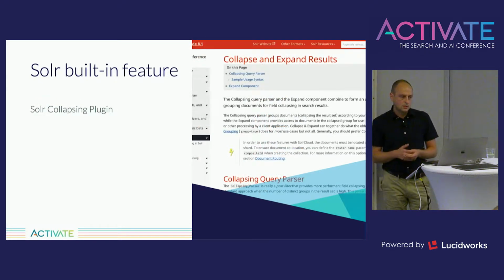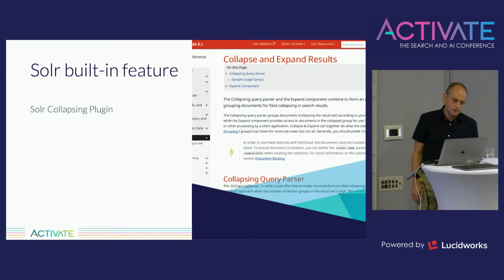So we decided to use a Solr built-in feature, that is Solr collapsing plugin that allows to run collapsing query parser that groups documents by the value of the selected field.